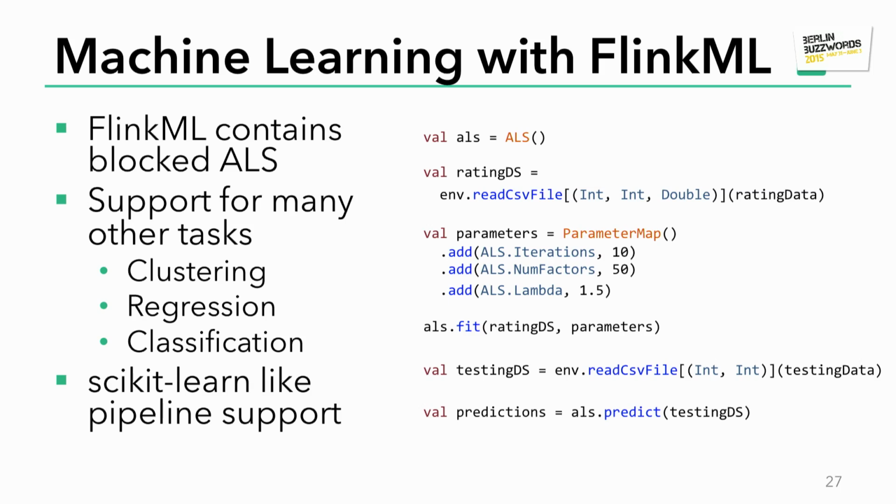The actual factorization happens in the fit method, where you provide the rating matrix and the parameters. And once you've done that, you can calculate predictions for row or user ID, item ID pairs by simply calling ALS predict, where you provide the pairs for which you want to calculate the predictions.